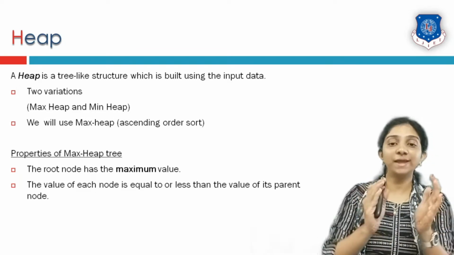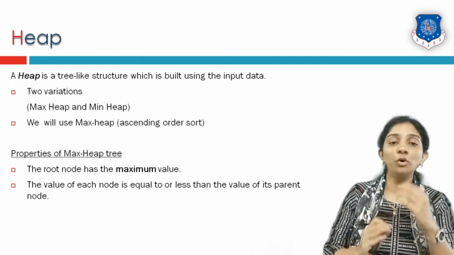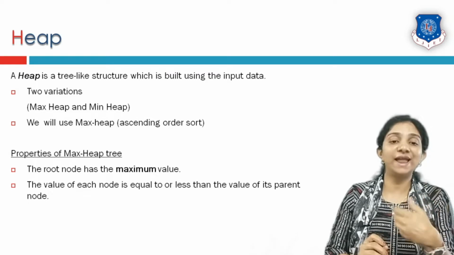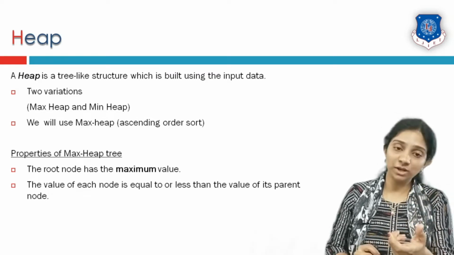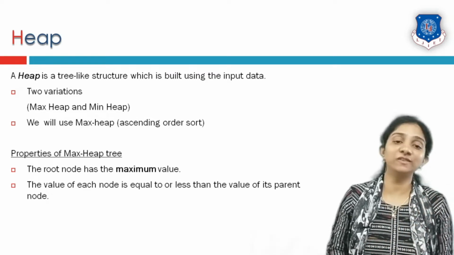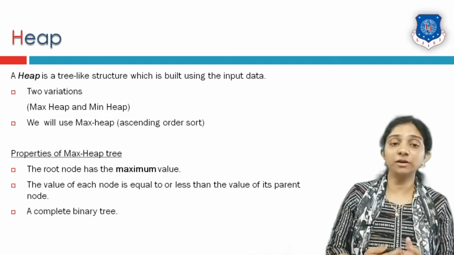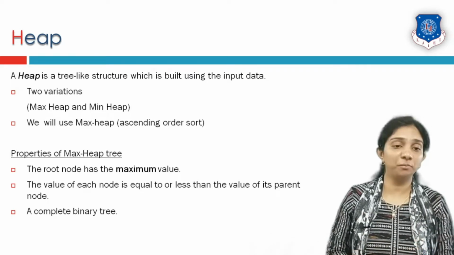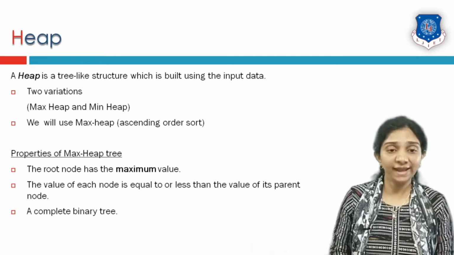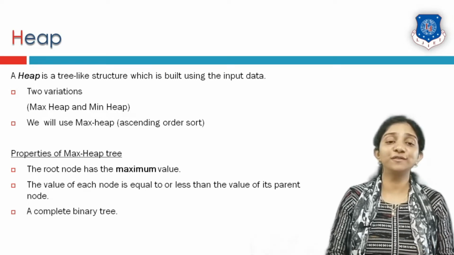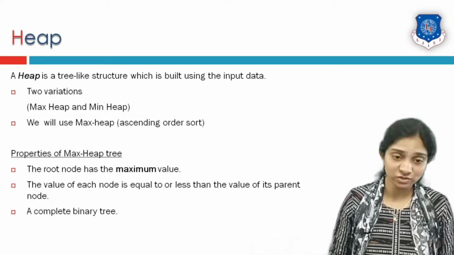That means the parent must have a larger or equal element as compared to its children. The third and most important property of a max heap or any heap tree is that it must be a complete binary tree.